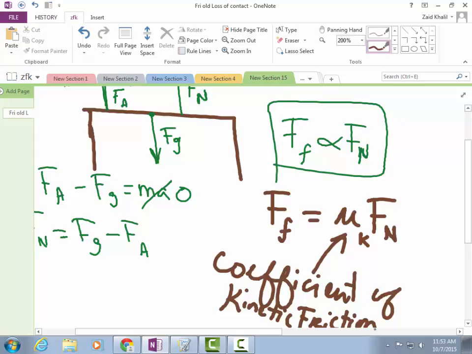What do you notice about this board as I'm about to slide this thing? As I slide this thing, what do you notice? Take a close look. There's less and less points of contact.